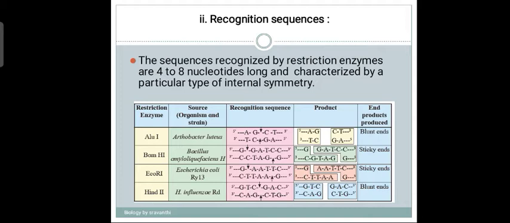Blunt ends have no unpaired bases. Ends with unpaired bases are called sticky ends, which can pair up. So this is about the recognition sequence.